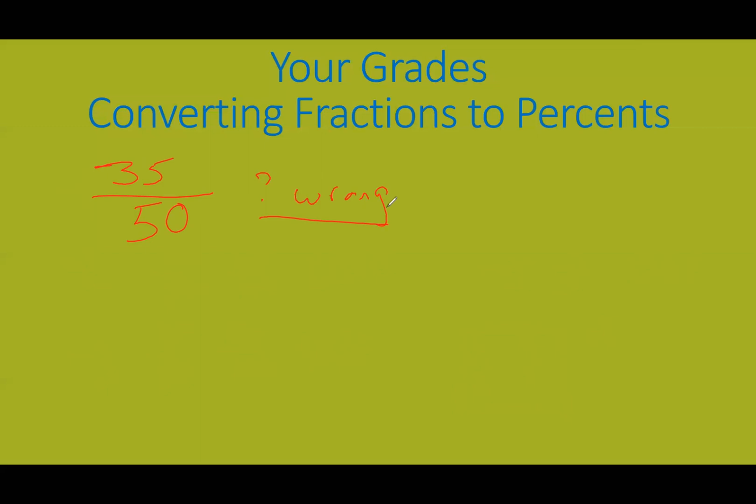Pause the video, use your paper, and find out. Let's do the math. If I had 50 total and I have 35 correct, I just subtract those. That means I got 15 wrong on my test.